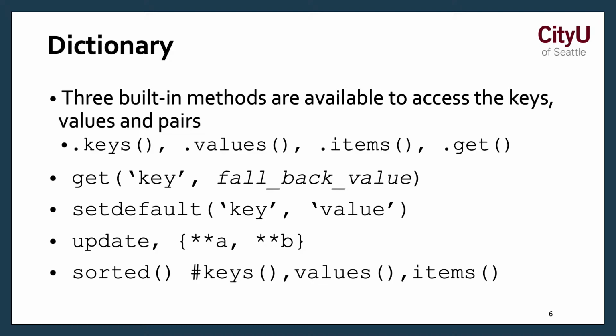You don't need to add an extra check, and it won't throw an error in case you're looking for something that's not there. Do look up setdefault. You can also sort this. I think when you sort it, it will transform it into a list. You can go ahead and try it out.